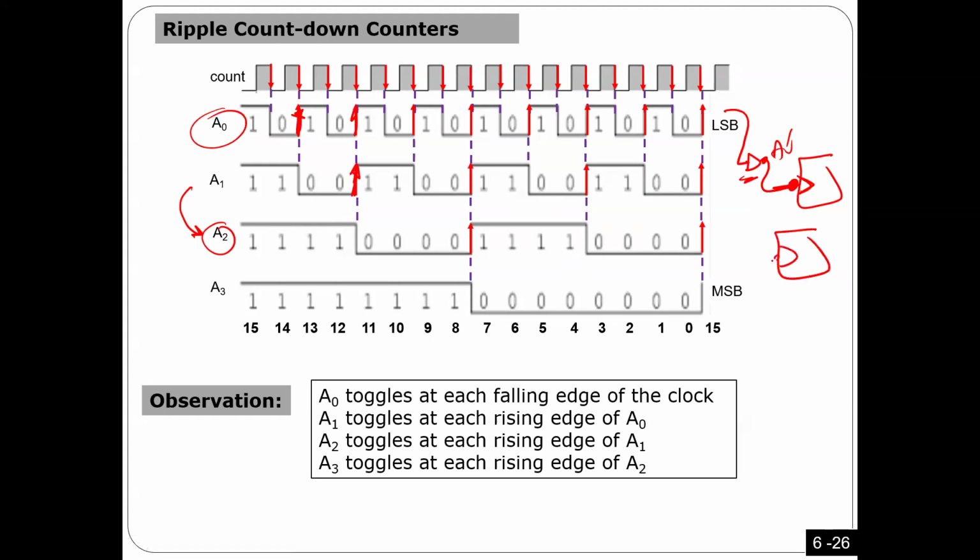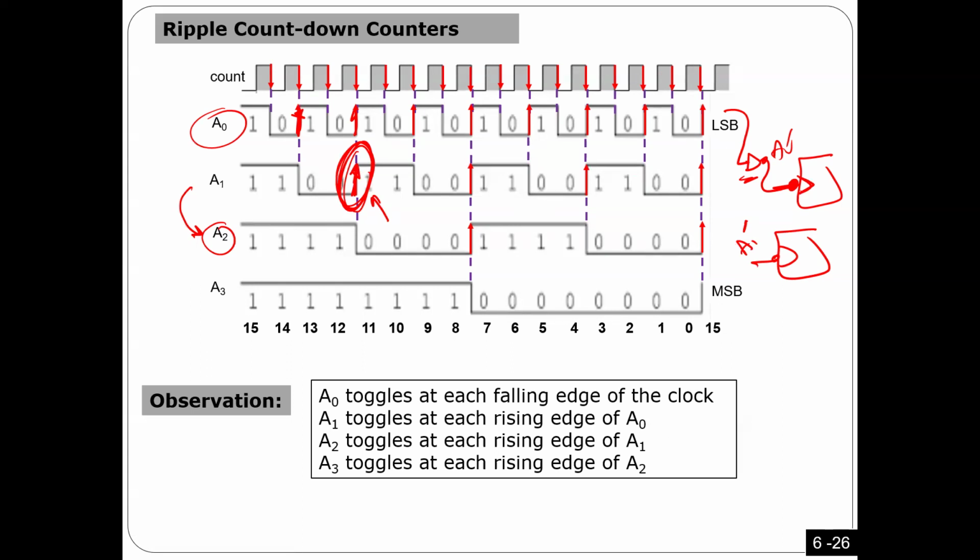However, if I want to use a falling edge flip-flop, then in order to toggle at this moment I connect A1 prime, so that rising becomes falling.